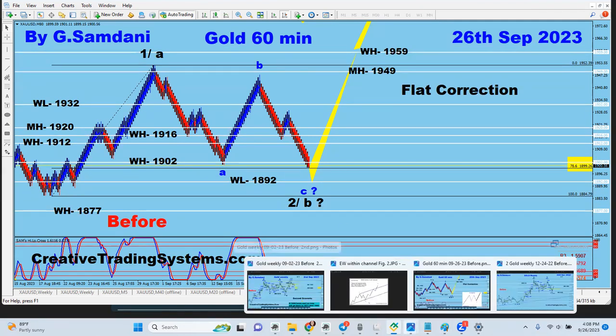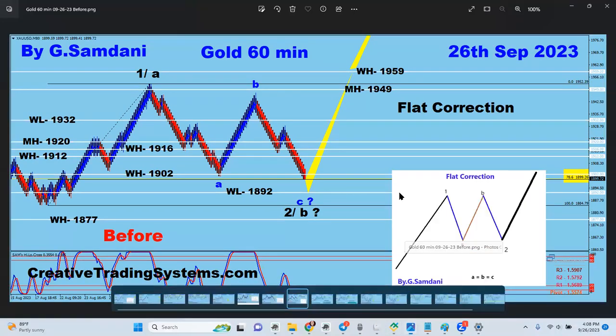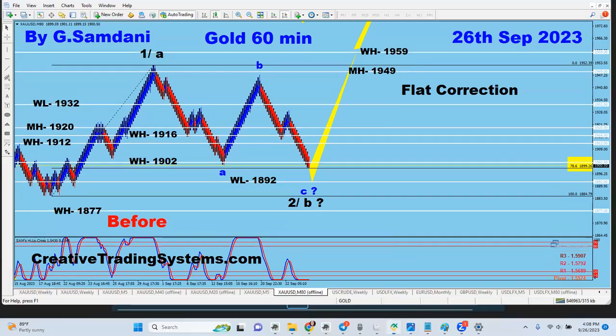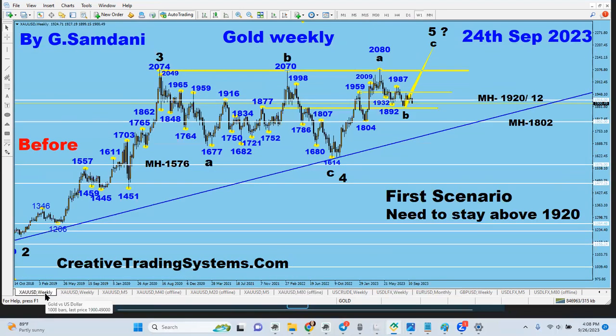I saved the chart already, and I'm going to post it. So see, this is how it happens. The flat correction is A equals B equals C after wave 1, A, B, C 2. Most of the time this flat correction happens in wave 4, but sometimes it can happen in wave 2, just like it happened here on the weekly chart.